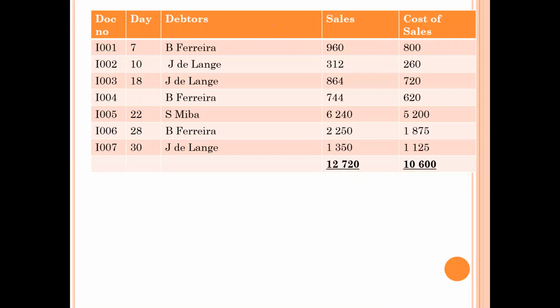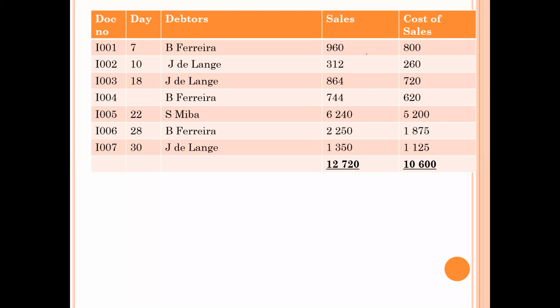Okay. So to recap just on that one, if we look at those entries in the journals, basically with your document number, it will always be invoice and what the number is going to be. Normally, they will give you the first number. You automatically then go on with the next number. Day is the day on which the transaction happened. With debtors or details, you write the name of the debtors in, and then you need to check: are they going to give you the selling price or the cost price?